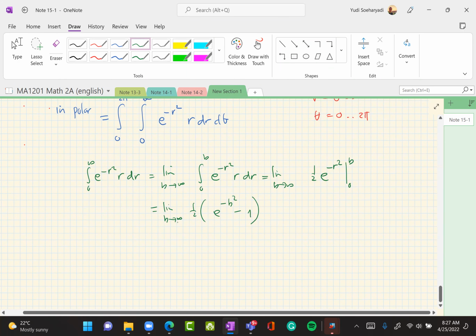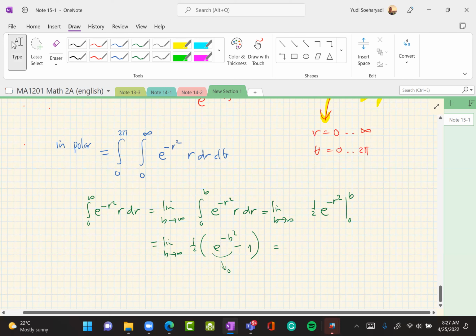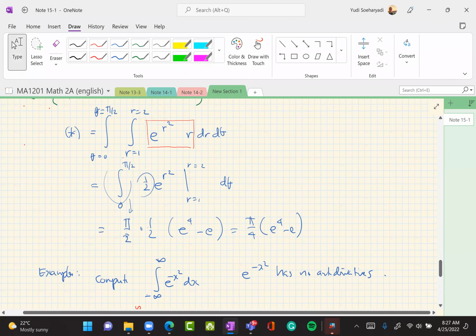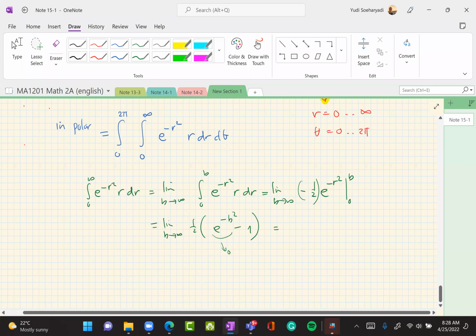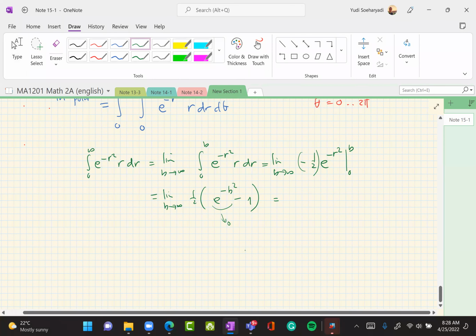When b goes to infinity, the exponent goes to negative infinity, so it goes to 0. Oh, sorry, I should say there's a negative sign here. So negative 1/2 times negative 1, this is just 1/2.